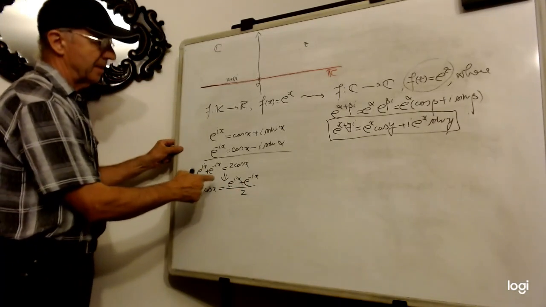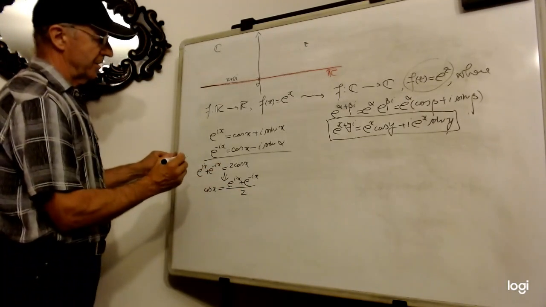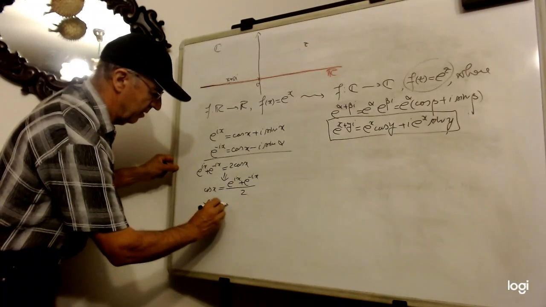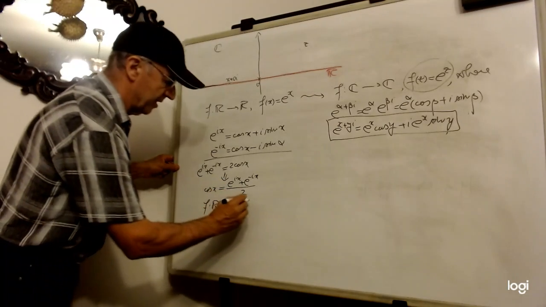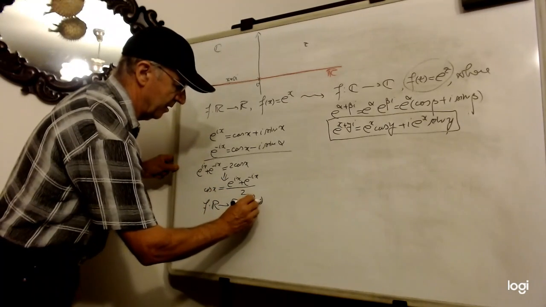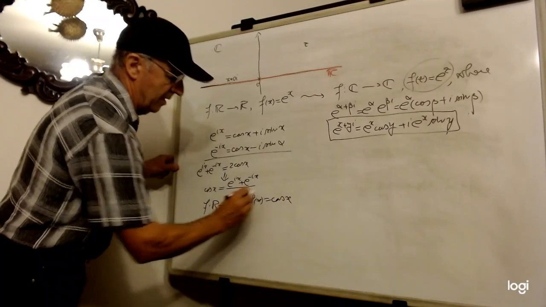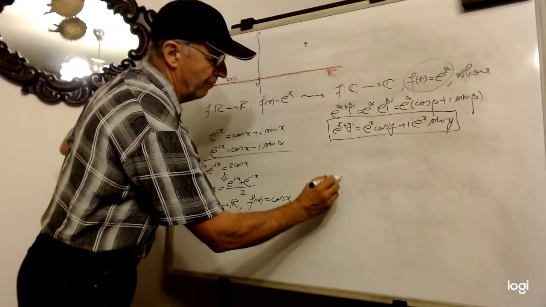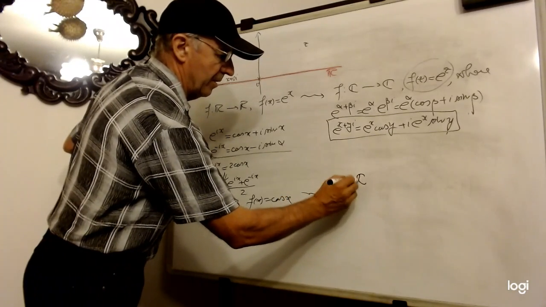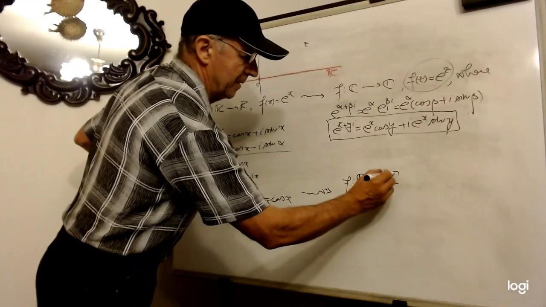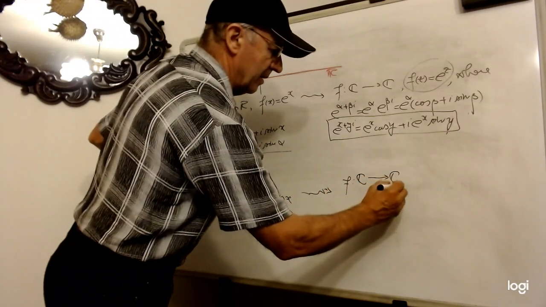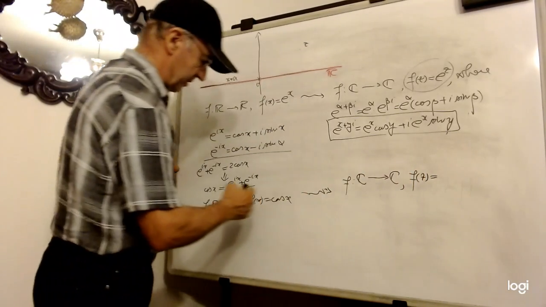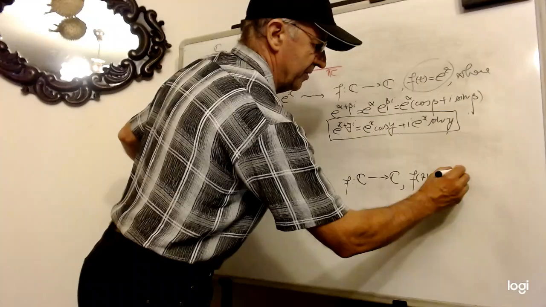We can write the usual function f, you know from high school, the cosine function f of x equals cosine of x, and it can be extended to a function defined on the whole complex plane, a complex function f of z. We use the same notation, cosine of z.